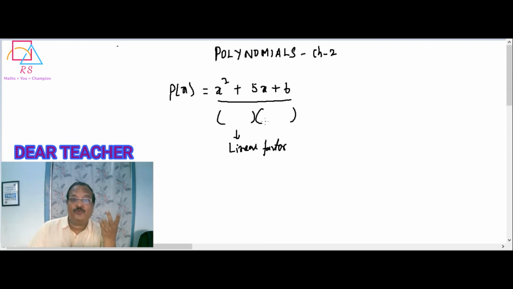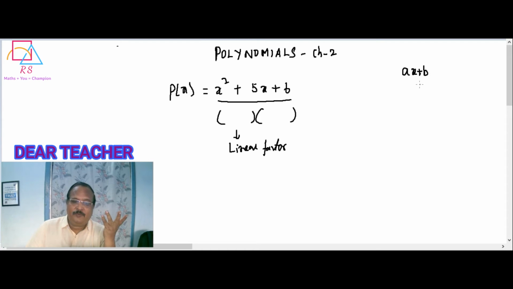So this expression should be written as a product of 2 linear polynomials. Why linear polynomial? Let me explain. ax plus b is a linear polynomial.